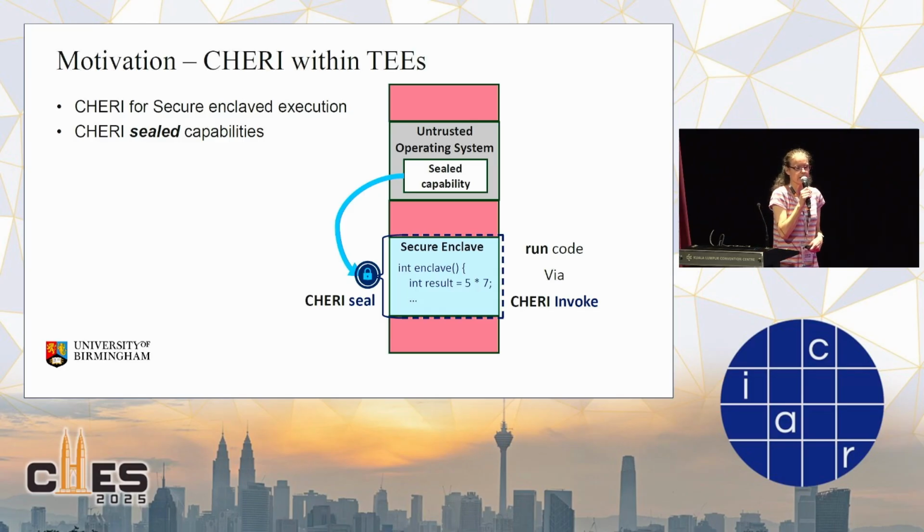And in a CHERI-based trusted enclave environment, we can use these so-called sealed capabilities. These sealed capabilities create your secure enclave and point to the enclave area without direct access to the memory. And the only way you can run the enclave itself is through a special CHERI invoke instruction to run the enclave code.